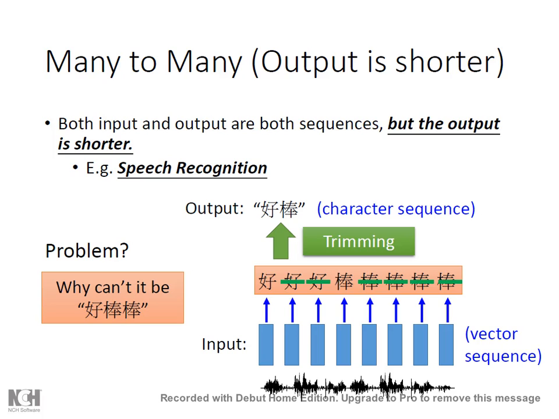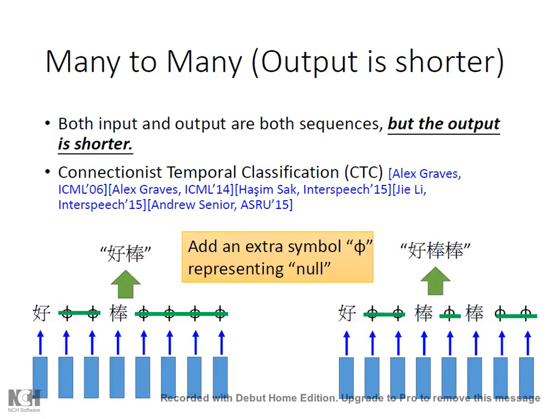So how to solve this problem? Based on this, you would just trim the same characters, but if the word really has a double character, how do we solve it? Here we use an extra symbol, the null symbol, an empty symbol.